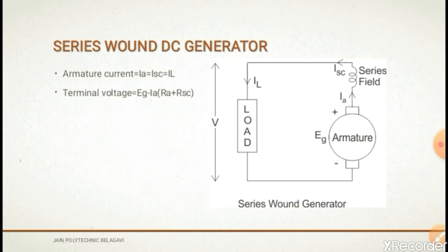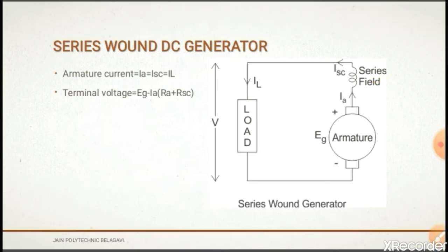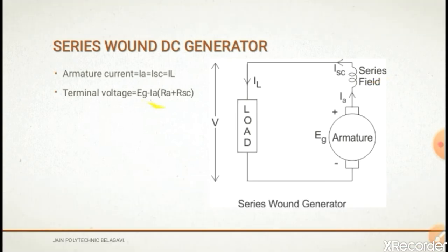The terminal voltage of this type of generator will be Eg minus Ia into Ra plus Rsc, which is given here.